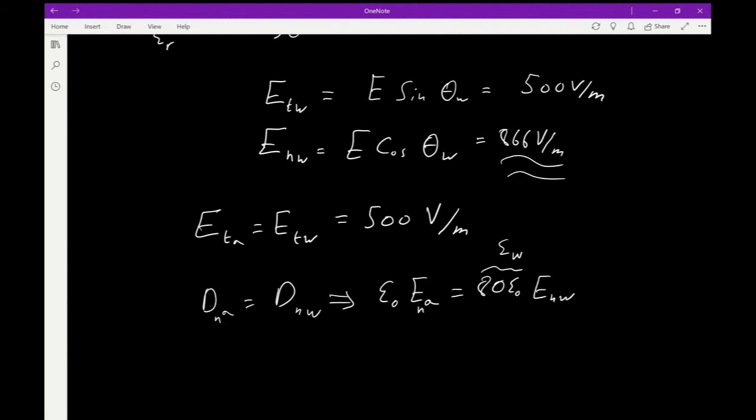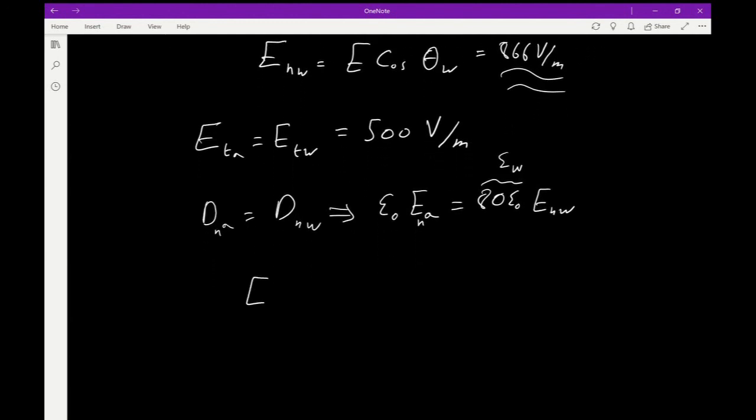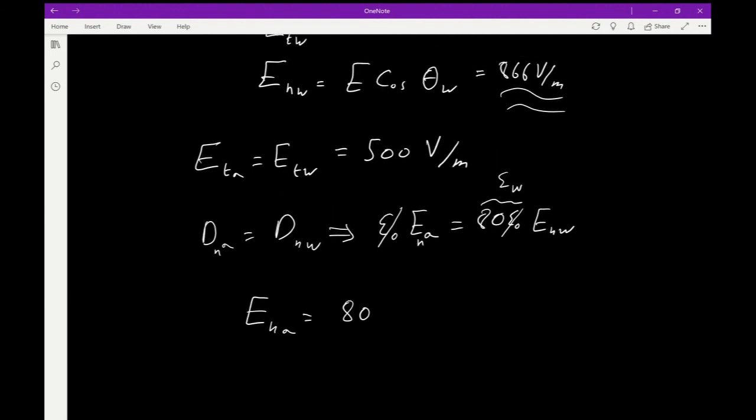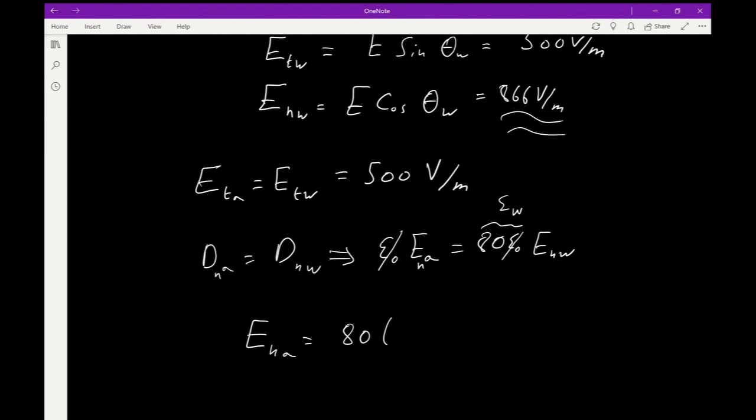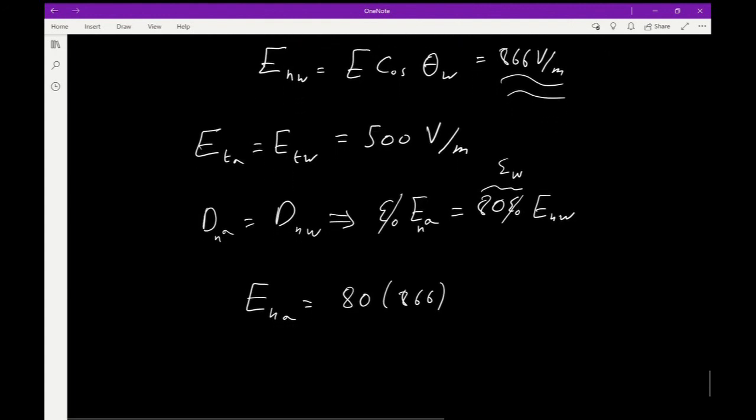It's this value, right? So epsilon cancels with epsilon, and we end up with EN of air equals 80 times EN of water. The normal component in the water is 866, so 80 times 866. That's it. So it is 69,280 volts per meter.